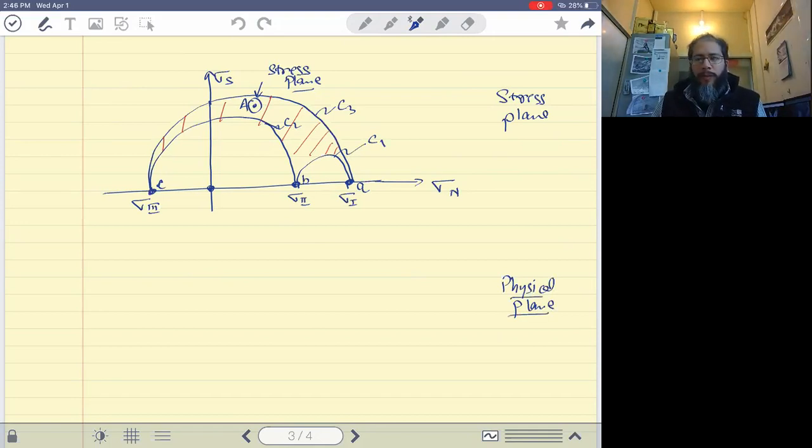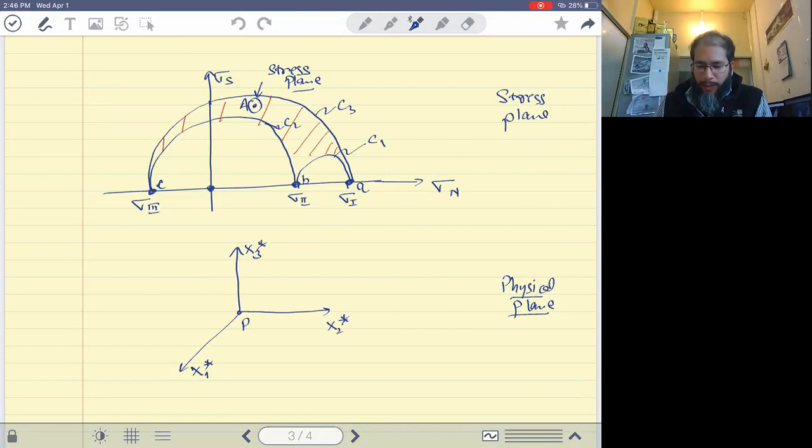Let's draw that here. The way I'll draw the physical plane is, instead of choosing any arbitrary Cartesian coordinate system, I'll choose the principal coordinate system, so I'll use the starred coordinate system. x1 star is the direction which corresponds to the principal direction or the eigen direction in the n1 hat direction.